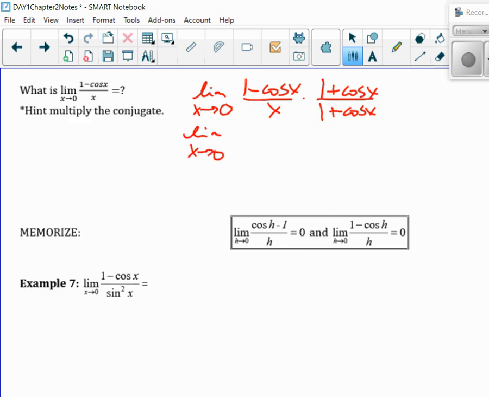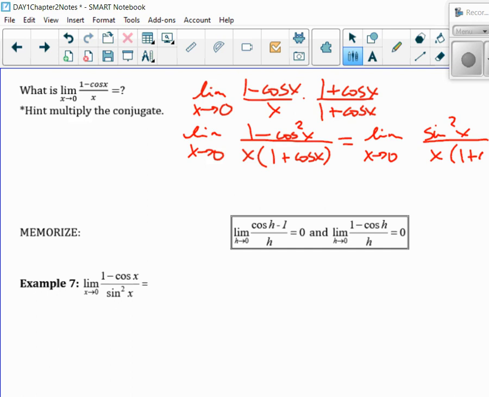FOIL it, right? 1 minus cos squared x over x times the bracket 1 plus cos x. It's the same as sine squared x, yes! So this is the limit as x goes to 0 of sine squared x over x times 1 plus cos x.